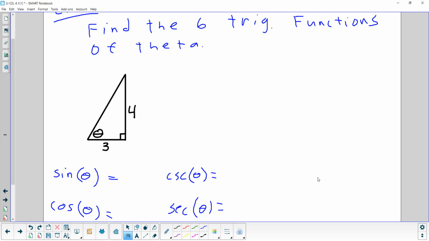Yeah, James? Yeah, the Pythagorean Theorem. So this one, 3 squared plus 4 squared equals c squared. When I do that out, I get 25 equals c squared. Which means in this case, Olivia, what's my hypotenuse going to come out to?